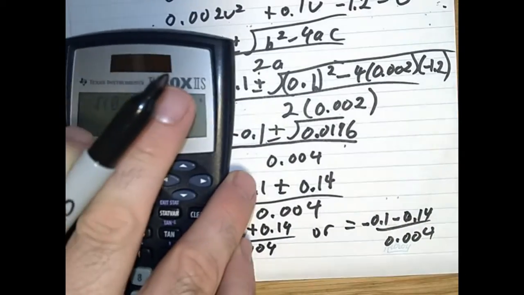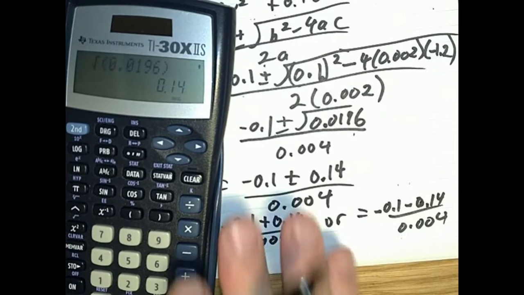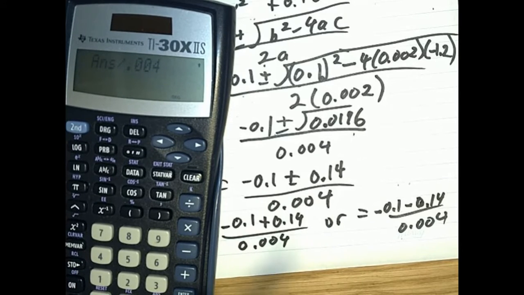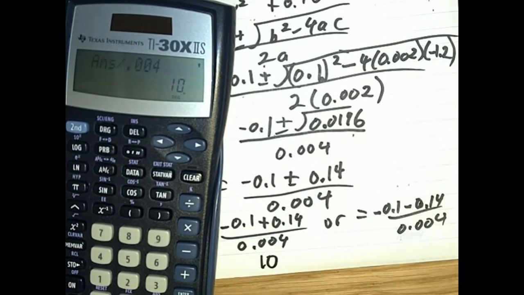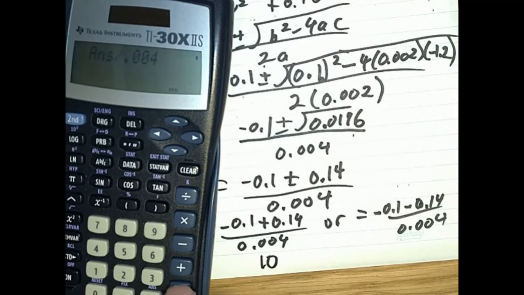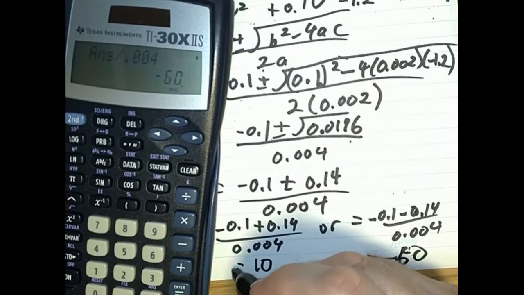Let's try the first one here. Negative 0.1 plus 0.14, divided by 0.004, is 10. Let's see the next one: negative 0.1 minus 0.14, divided by 0.004, is negative 60. Well, the negative 60 is not good, it's the 10.